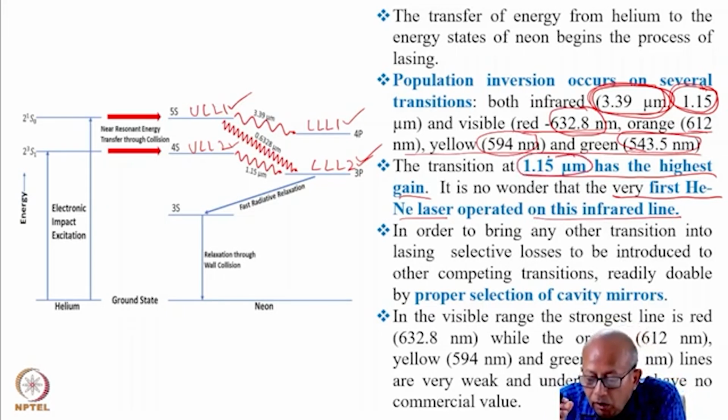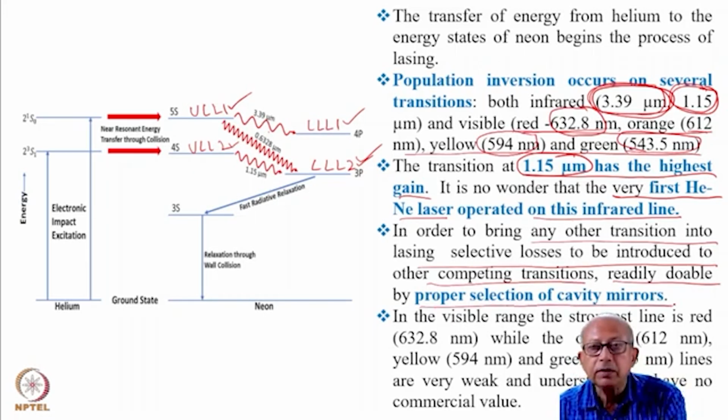So, how then would one make the laser lase on other transitions, in particular the ones which have lower gain, for example, the visible transition? In order to bring any other transition into lasing, selective losses can be introduced to other competing transitions, which is readily doable by proper selection of cavity mirrors.